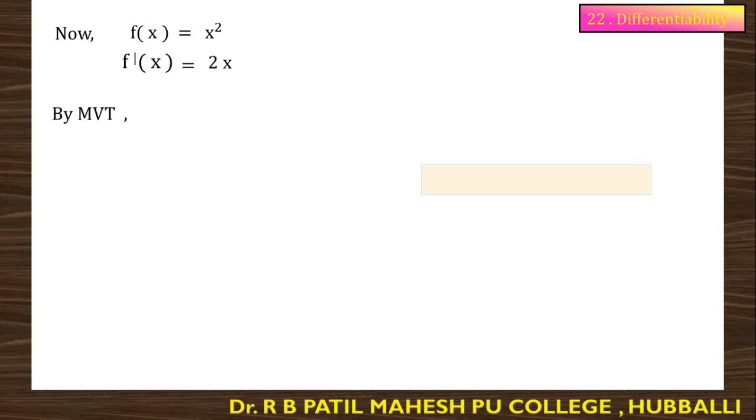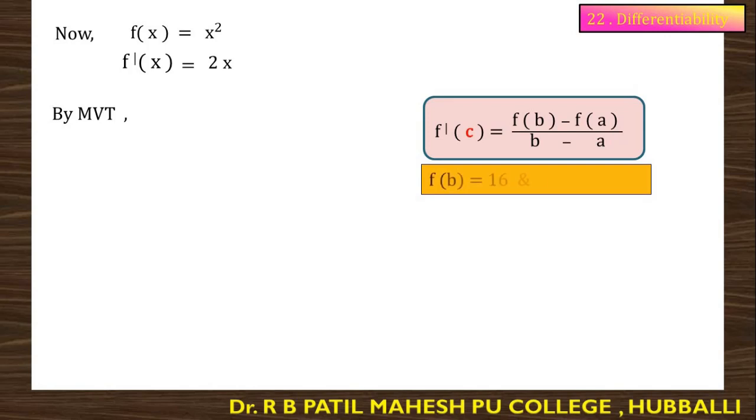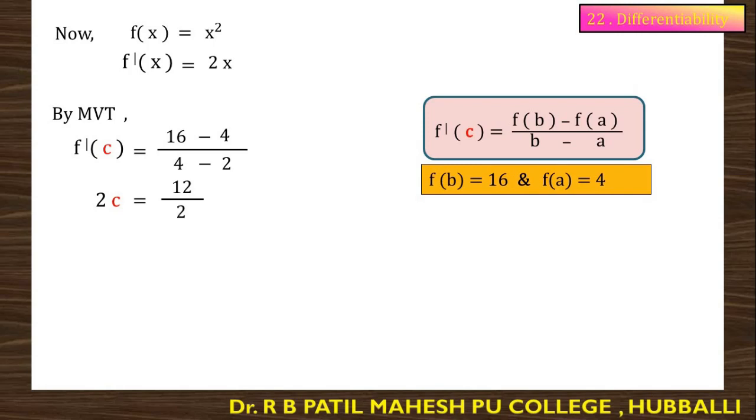Now by mean value theorem, this is the theorem formula, and here f of b is 16 and f of a is 4. So f dash of c is equal to f of b, that is 16 minus f of a, 4, divided by b minus a, that is 4 minus 2. f dash of c means 2c is equal to, operating this, you will get 12 divided by 2, and this is cancelled, 2 ones are 2, 2 sixes are 12, so you will get 2c is equal to 6.